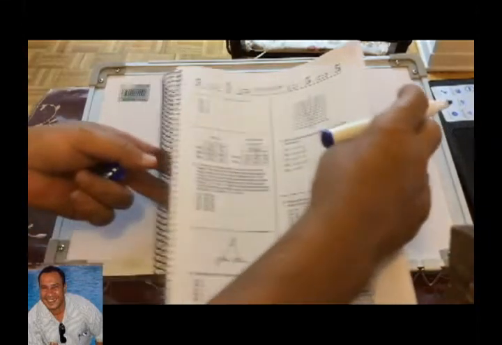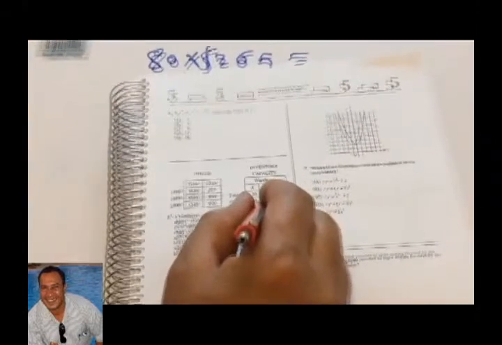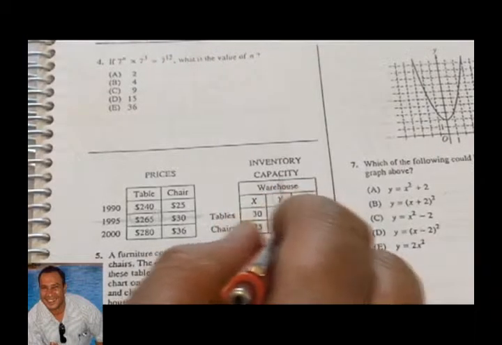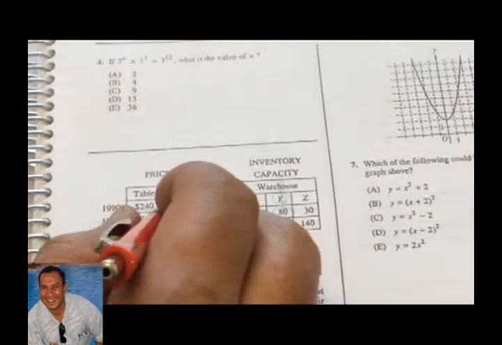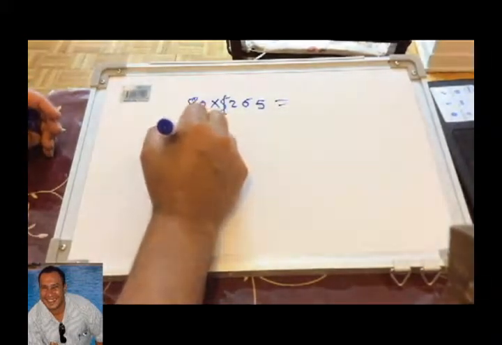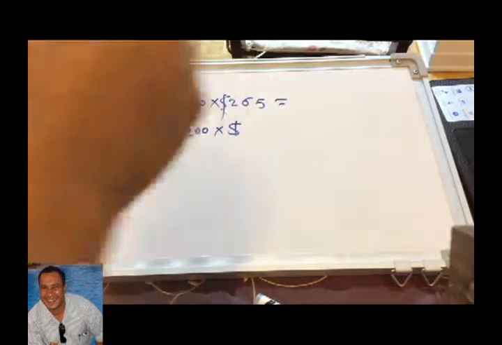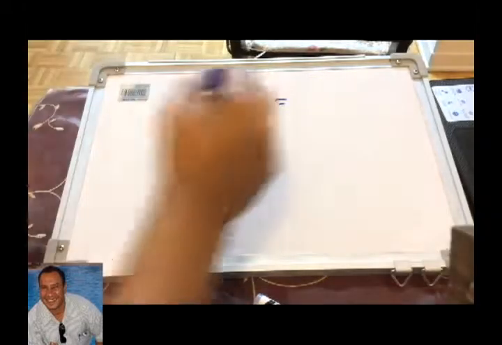And to find the price of chairs, we have 200 chairs and the price of each chair is 30. So to find the total value, we have to multiply 200 by 30.